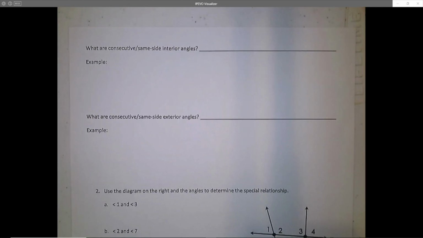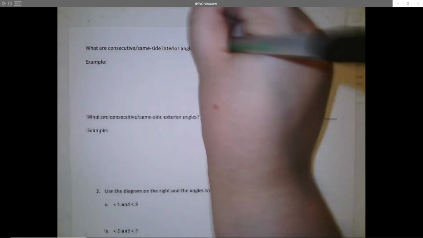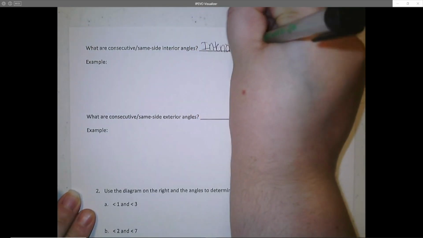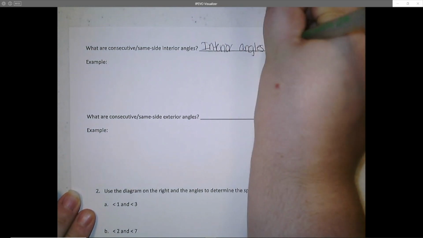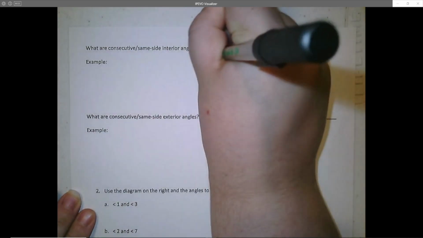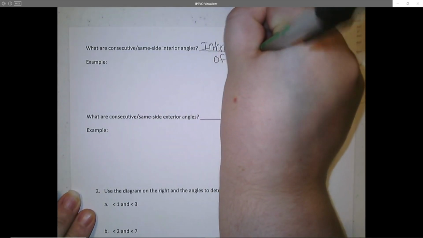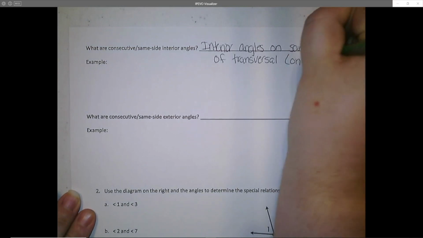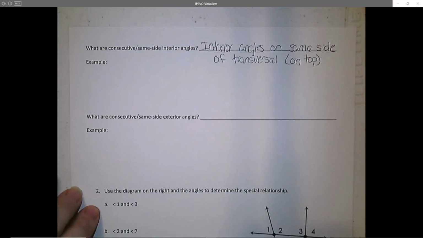Okay, let's look here at the last two. Consecutive or same side interior angles. These are interior angles on the same side of the transversal. These are on top of each other.